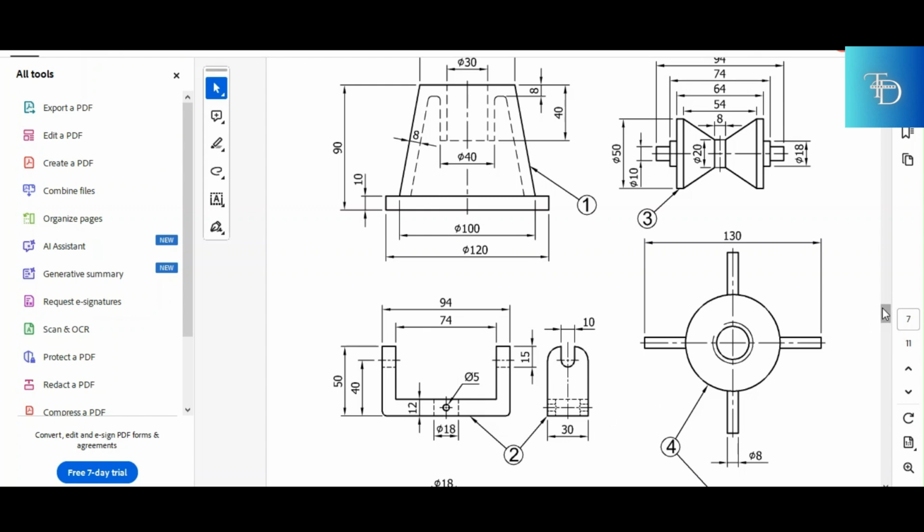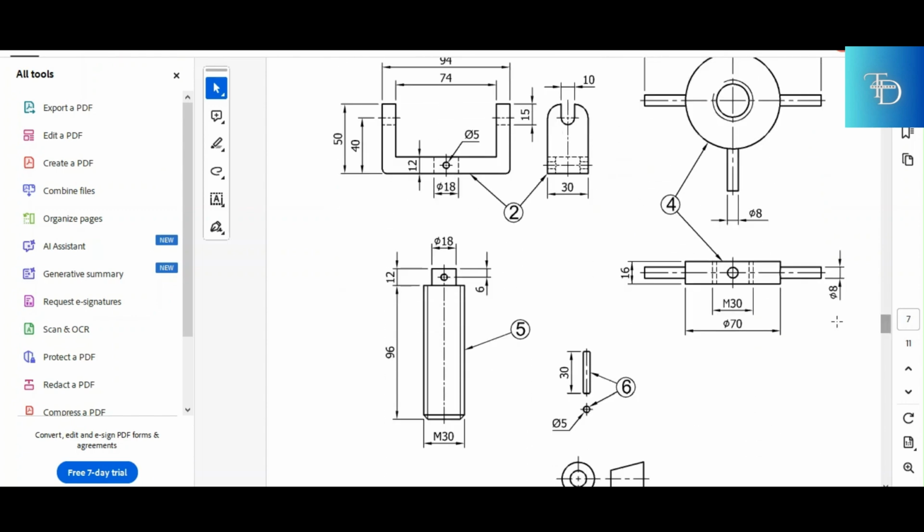So let's go get the extension. It is pretty obvious that in this case, the threaded rod is the part we're looking for. We have diameter 18 at the top, which means that part plugs exactly into that roller cradle right there. It fits. How thick is the roller cradle?